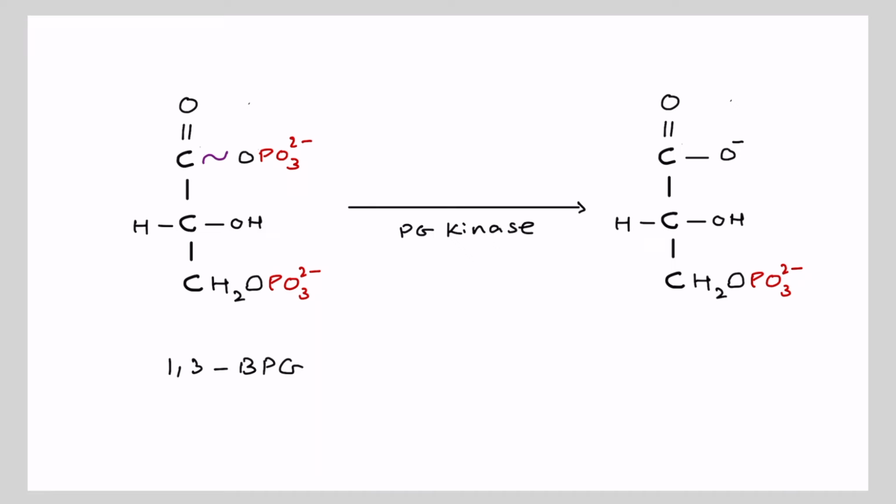This enzyme is going to remove this phosphate group from carbon number 1, and it's going to put it on ADP to produce one molecule of ATP. But since this reaction is happening twice, what we end up having is two molecules of ADP getting converted to two molecules of ATP.